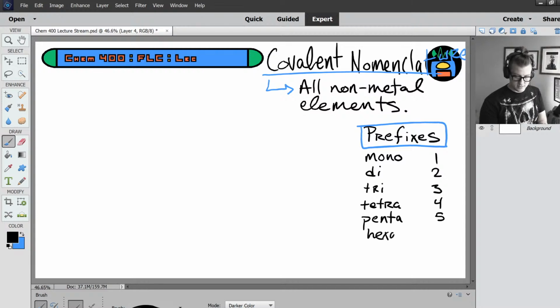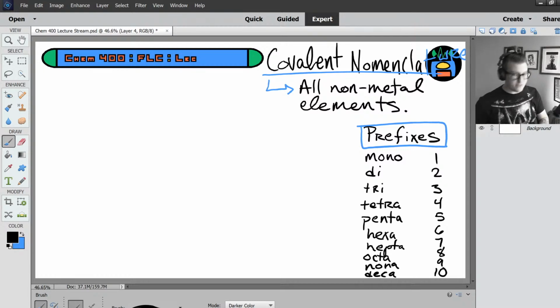Hexa is six. Hepta is seven. Octa is eight. Nona is nine, and deca is ten. These are the prefixes that you use to explicitly enumerate how many atoms of each type are present in your compound.